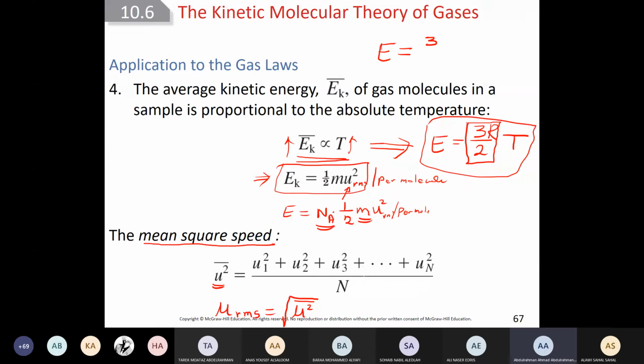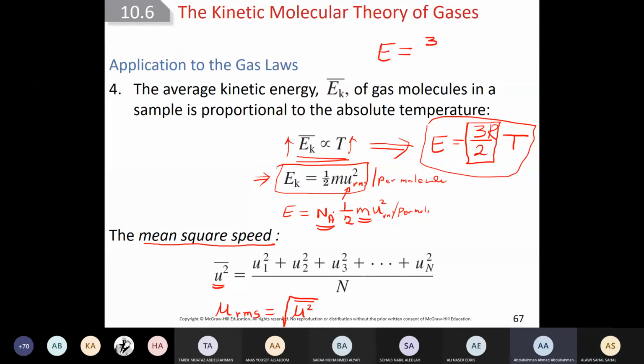Molar mass. Exactly, molar mass, but in what unit? Kilogram per mole. No, you'll get it by gram.